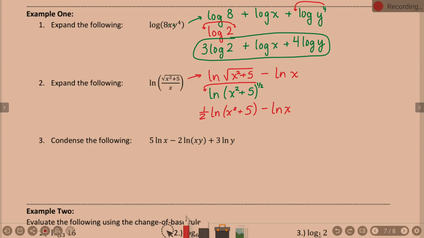Okay. Anything else? Now, I am indeed boxing it, which you guys know me. That means I'm done.